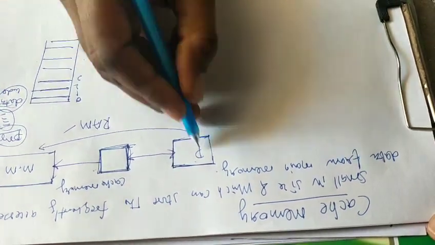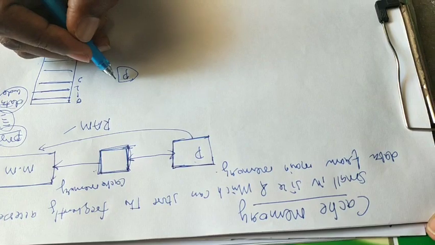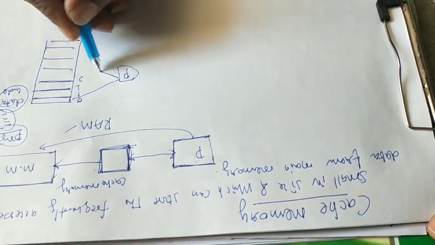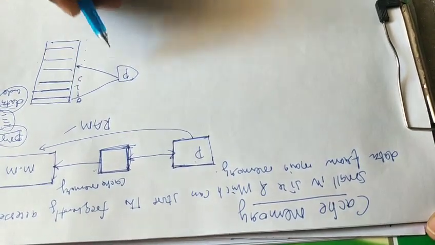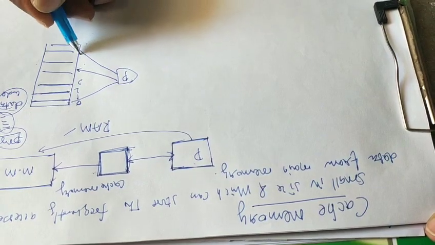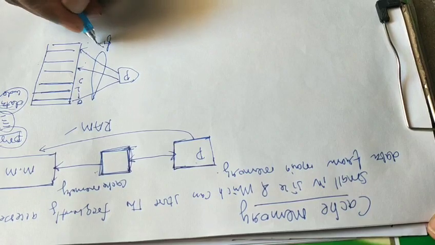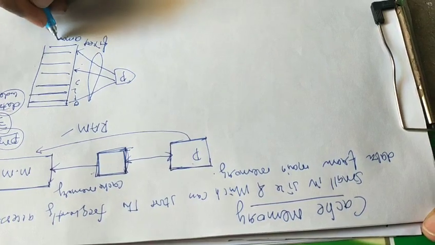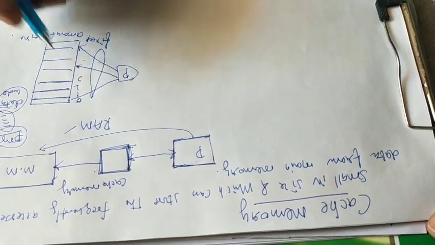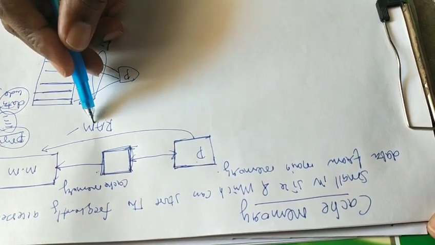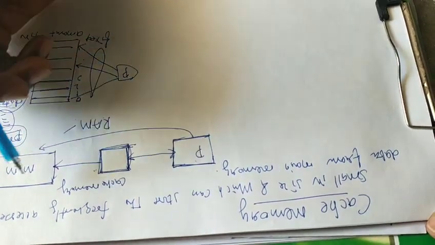It can access data from the 0th location, the middle location, or the last location of main memory, and all take the same fixed amount of time. That is random access memory.